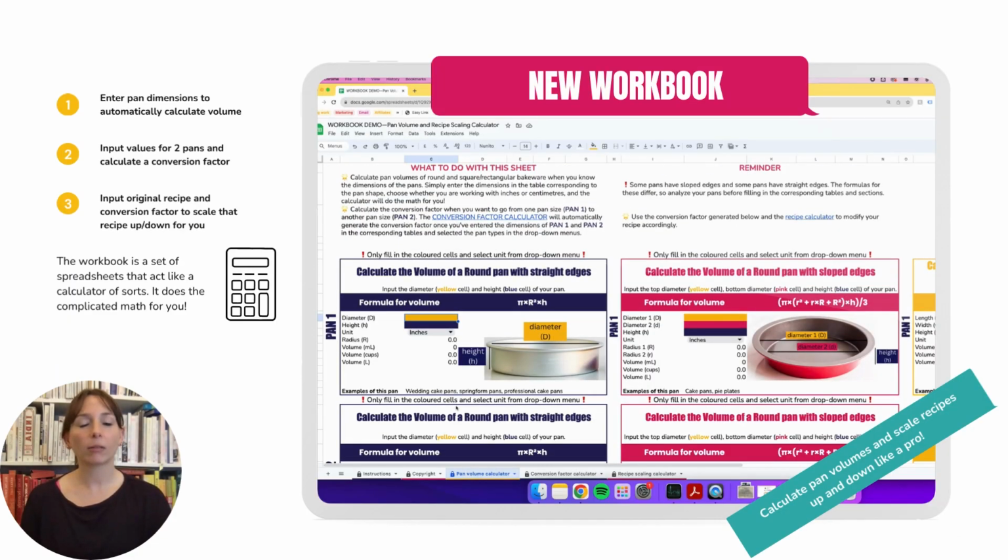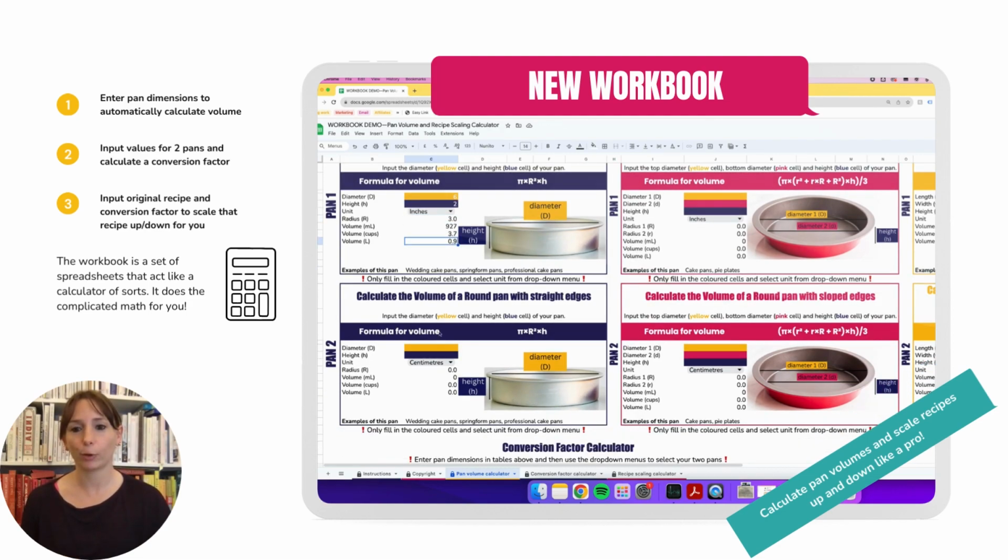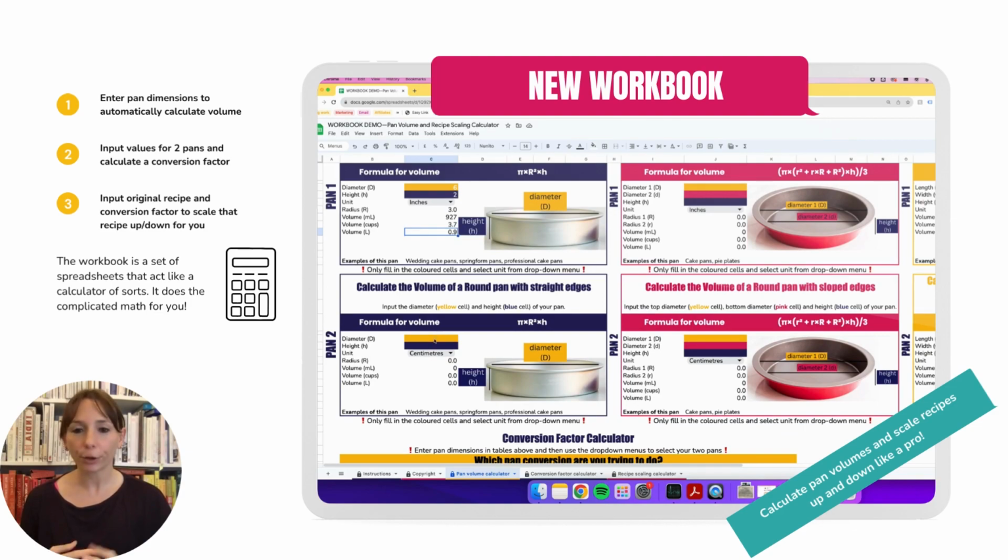Now, if math is not your forte and you don't love using a calculator, I have created a set of spreadsheets that will do the math for you. Of course, you still need to do a minimum of effort, that is to measure your pans or seek out the pan dimensions like on Amazon or on the manufacturer's website.